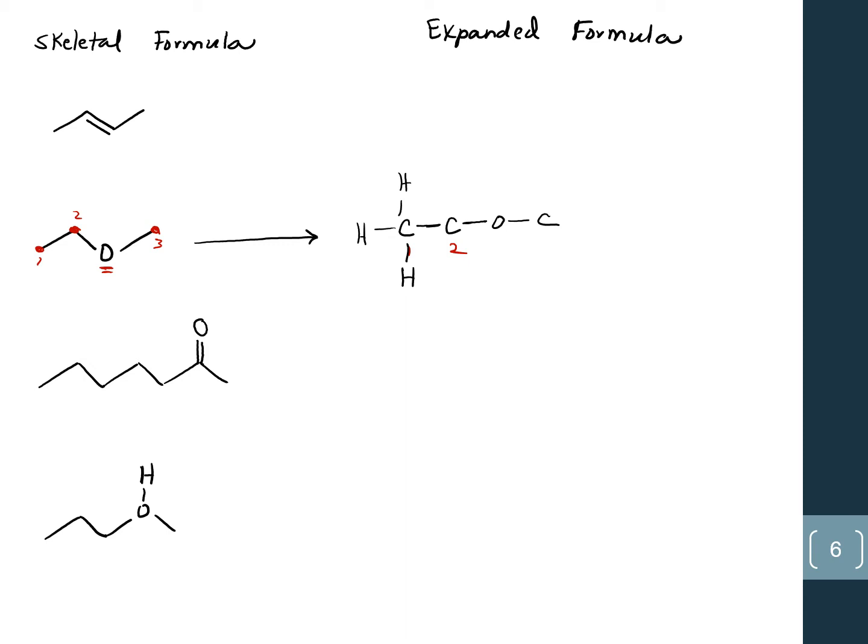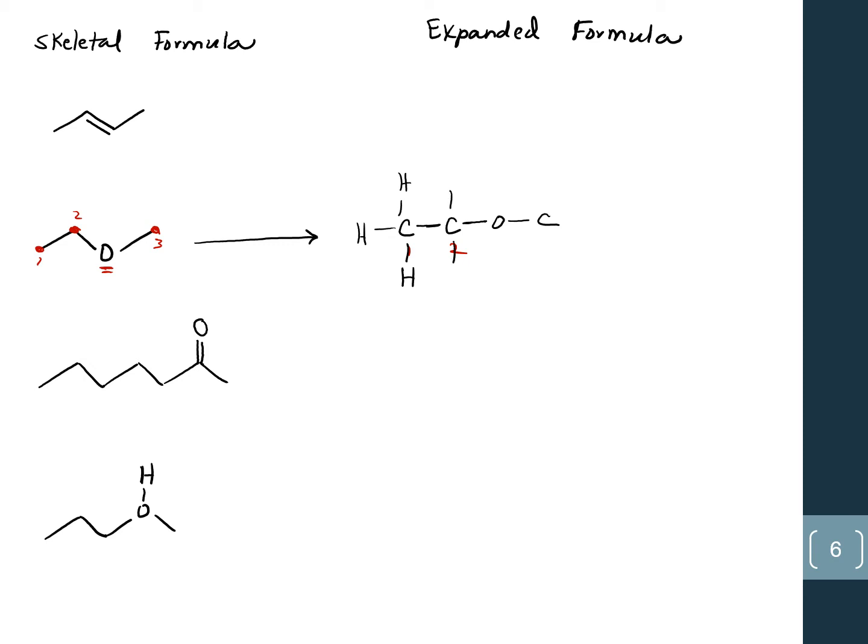The second carbon, carbon number 2, you have 2 bonds in that one. You have one bond that goes to the oxygen and you have another bond that goes to the first carbon. So if you already have two bonds, you're missing two more bonds to complete the octet or to go to 4 bonds.